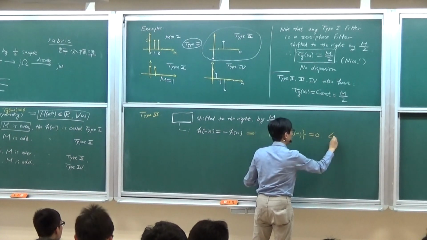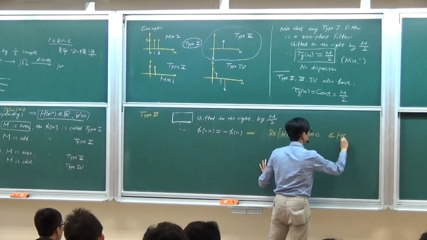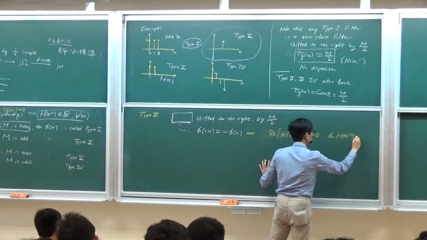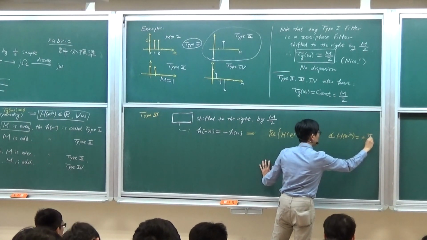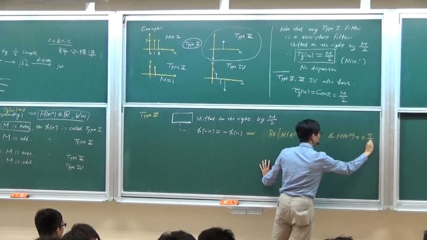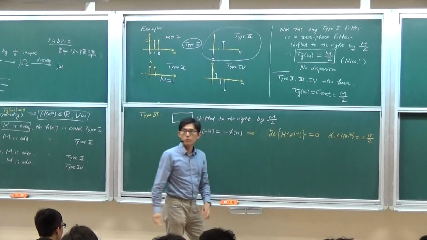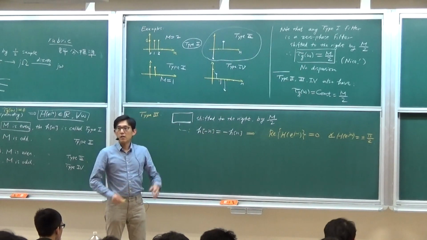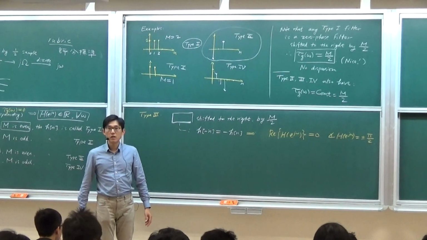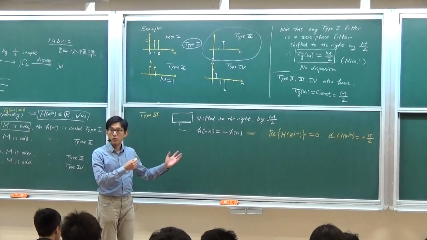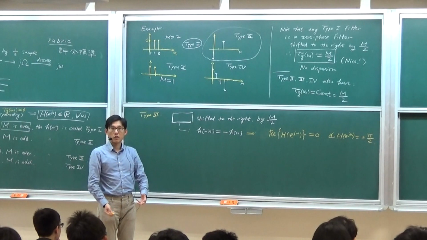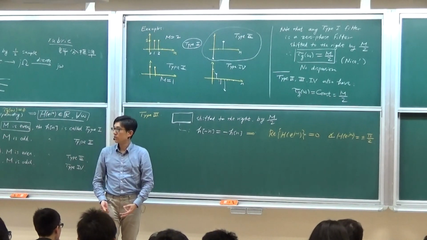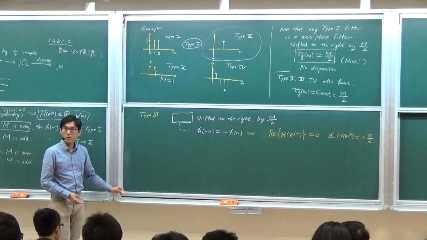Therefore, the phase is either plus pi divided by 2 or minus pi divided by 2. And still we reach the same conclusion, group delay is 0. Therefore, when we finally shift it to the right by N divided by 2, the group delay becomes a constant N divided by 2. So that's the way we can argue type 3 also has this property.